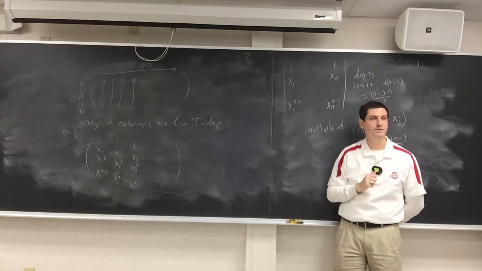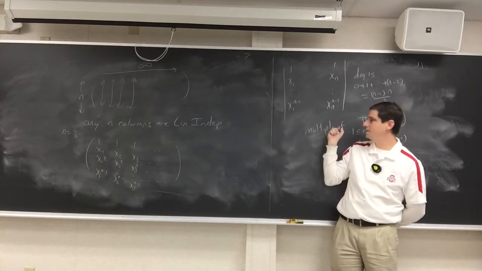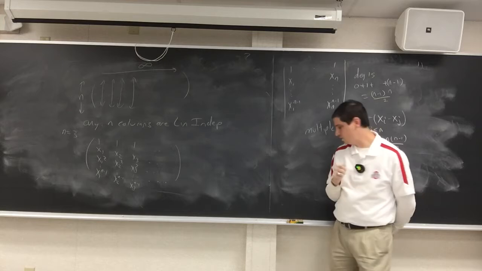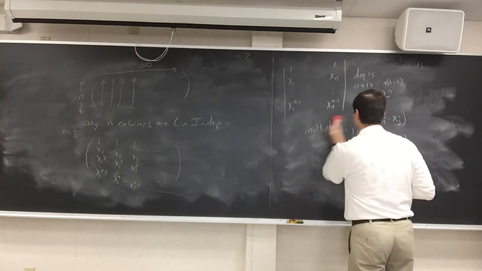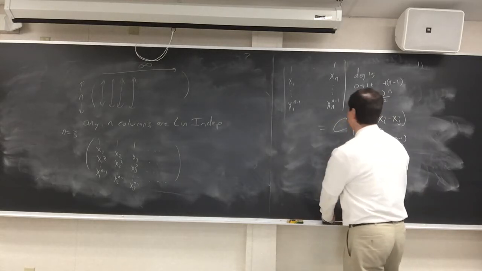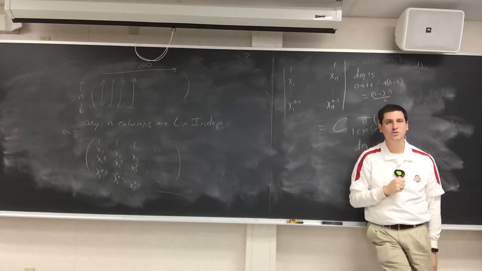So they have the same degree. So the only thing that the multiple can be is some constant. So this has to equal a constant times this. All you need to do now is show that the constant is non-zero.